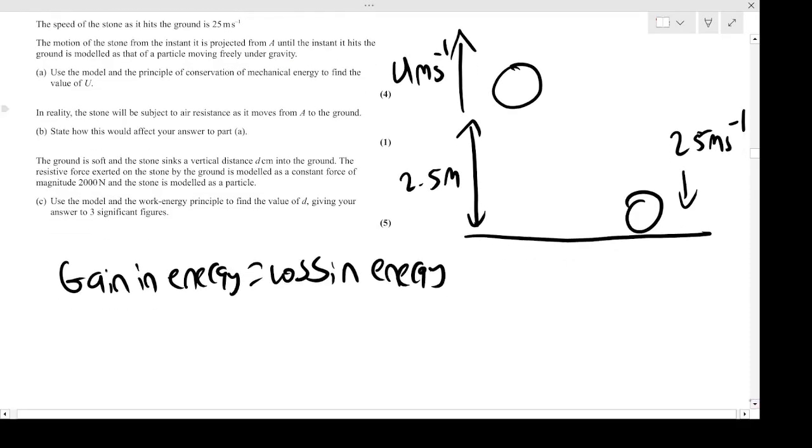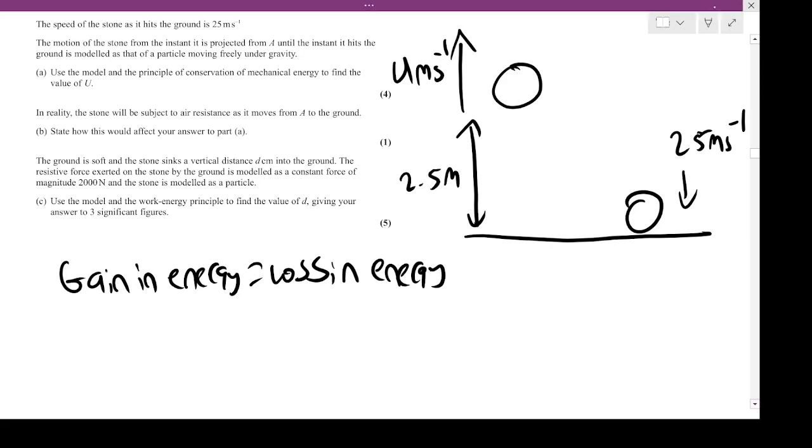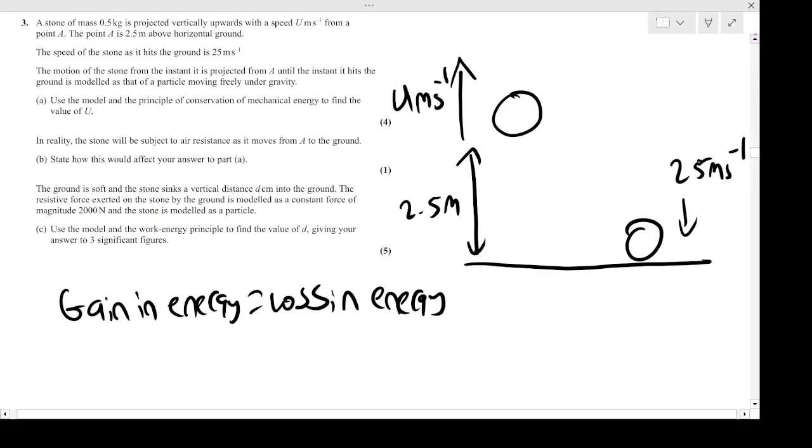So we know we deal with kinetic energy and potential energy. Which energy are we going to gain, and which one are we going to lose? Well, obviously we don't know the initial speed, but what we do know is the height. We know that we lose height, because at the end, when we end up on the ground, we go down by 2.5 meters.